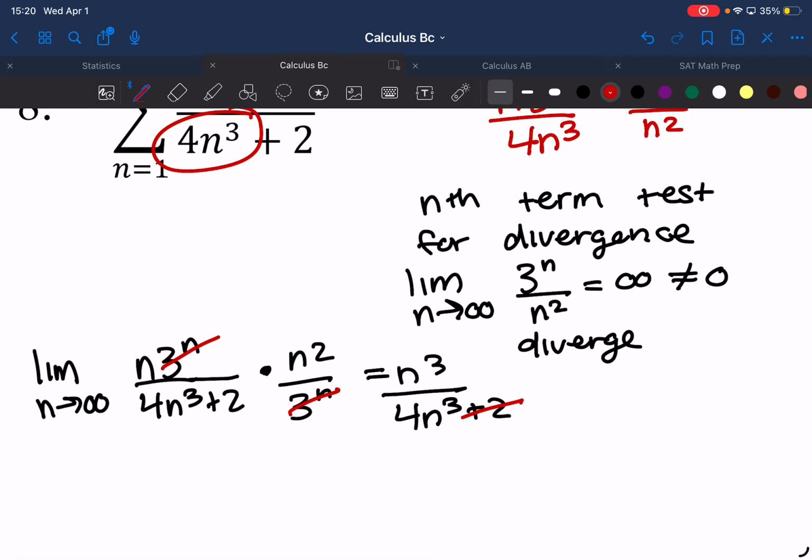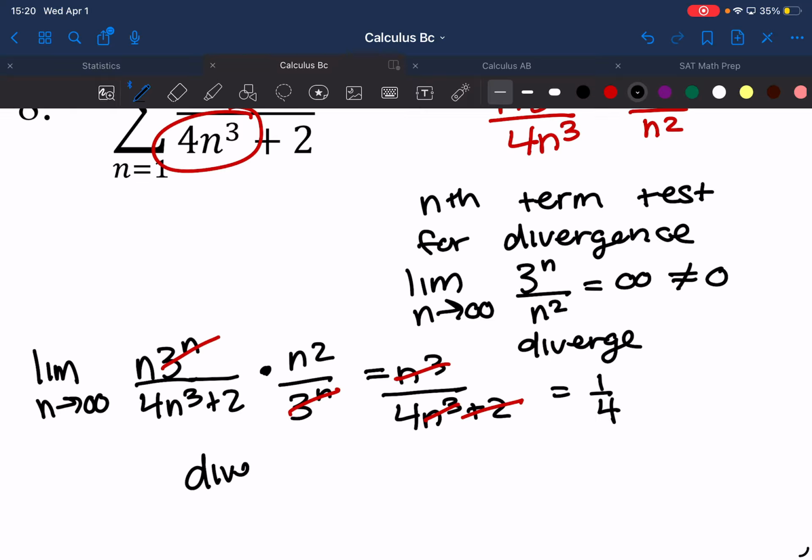So what's going to cancel next? N cubed. And so my answer to this limit is 1/4. Is this positive? Yes, so that means my comparison diverges. So this series of a sub n also has to diverge.